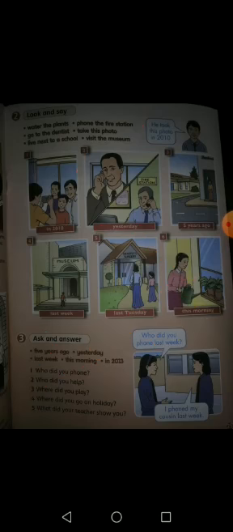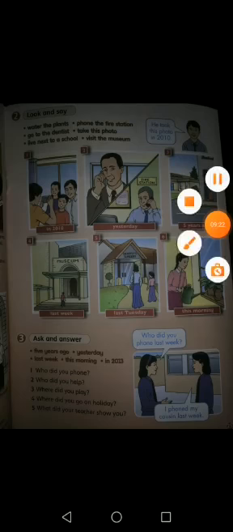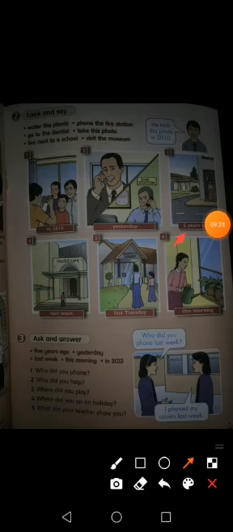Here we have 5 years ago. Look, 5 years ago. Then the sentence should be in the past tense, right? So, what is the sentence? Here we have a girl.